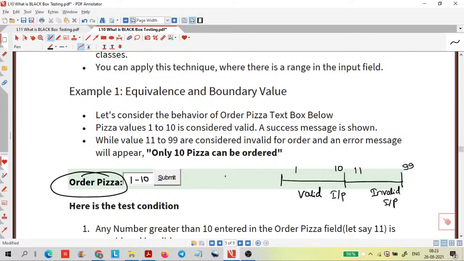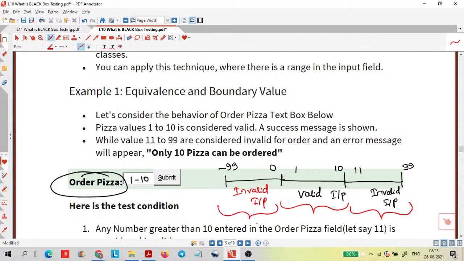Then if we provide less than 0, that also gives an invalid input. So this is a valid class, and these are invalid classes.